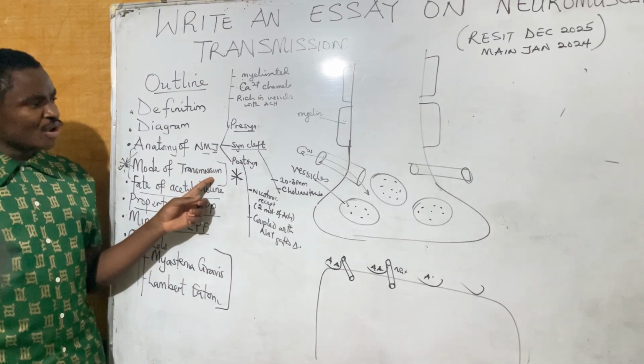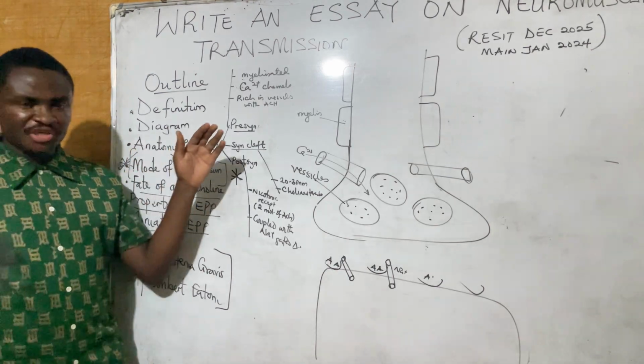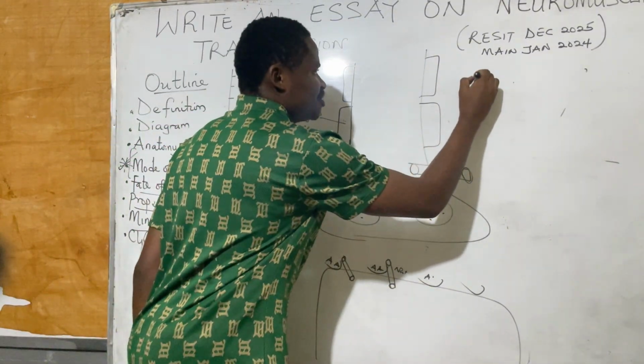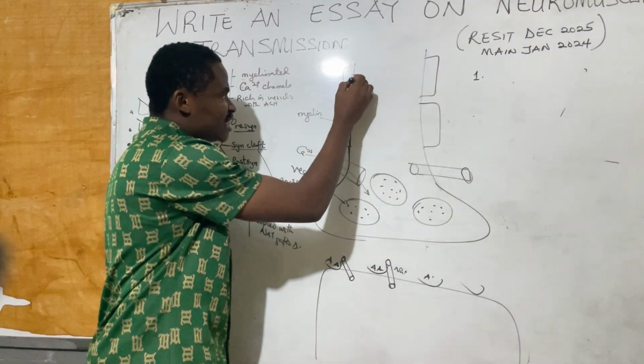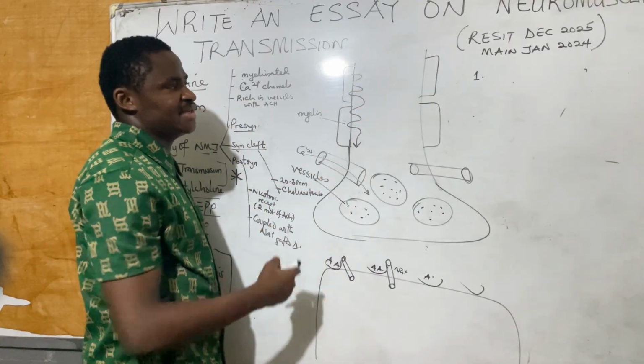Now, how about the mode of transmission? I'm going to highlight all the points sequentially. Number one, an action potential must come and reach the end of the presynaptic terminal.